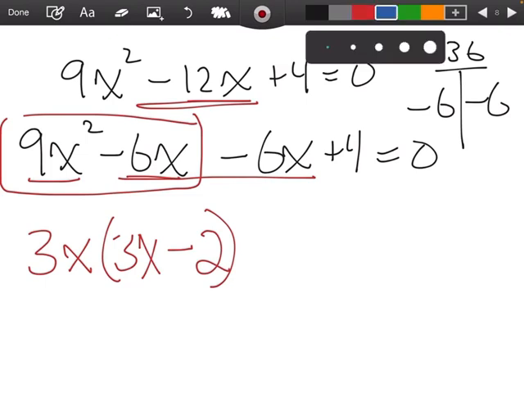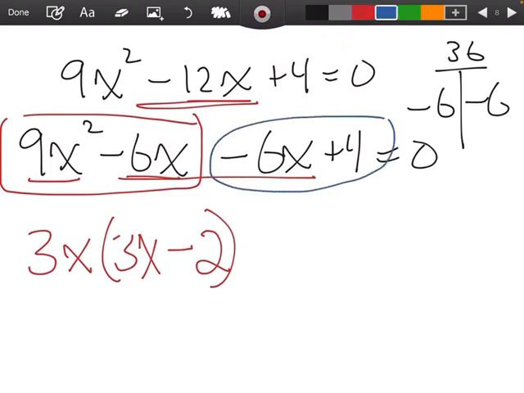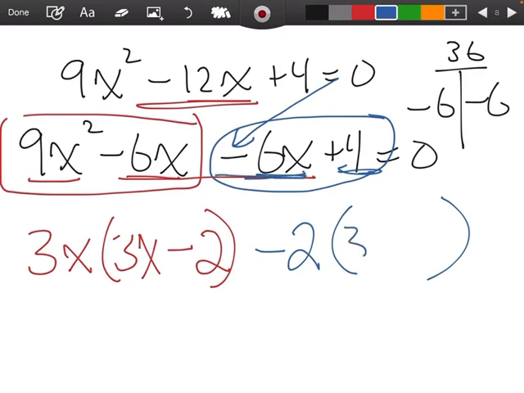We're going to do the same thing over here. Now, one thing I want to mention: if this first piece right here is negative, whatever number we take out is going to be negative as well. So what number goes into both 6 and 4? Into 4, 2 does, right? So we're taking out a negative 2. Negative 6 divided by negative 2 is a positive 3 with an x.